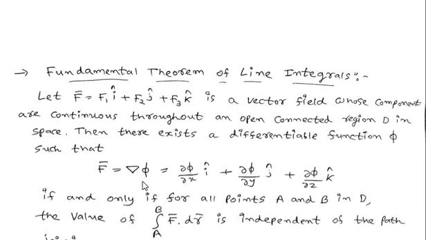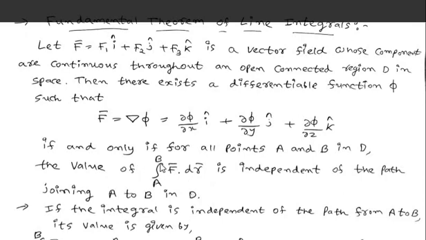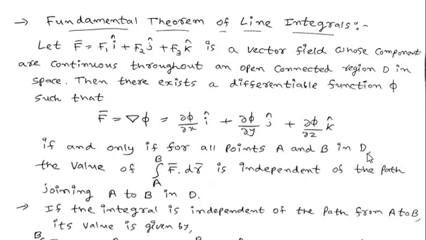And you know very well that nabla phi is nothing but the gradient of phi, which equals del phi by del x i cap plus del phi by del y j cap plus del phi by del z k cap, if and only if, for all points A and B in the given domain D, the value of the line integral of f bar dot dr bar from point A to point B is independent of the paths joining A to B in the given domain D.